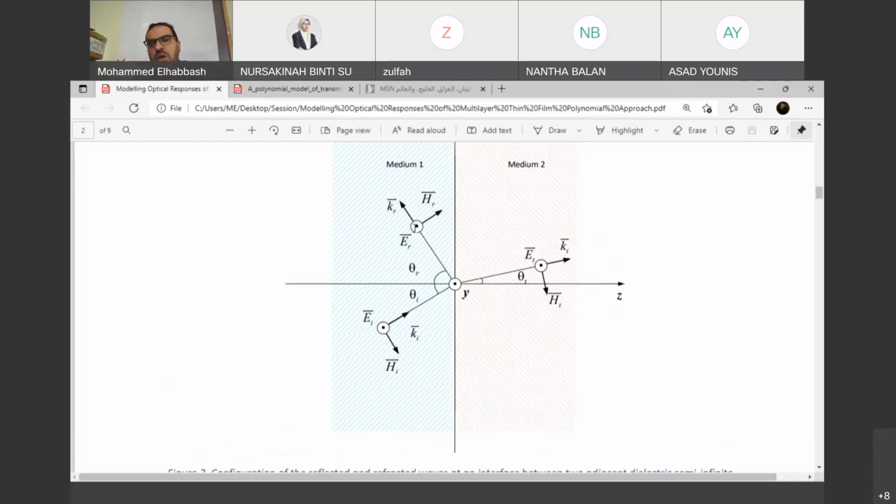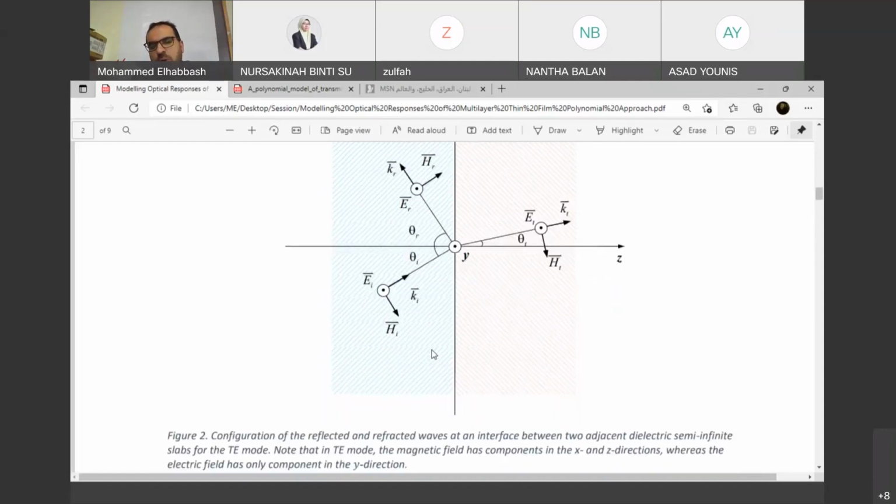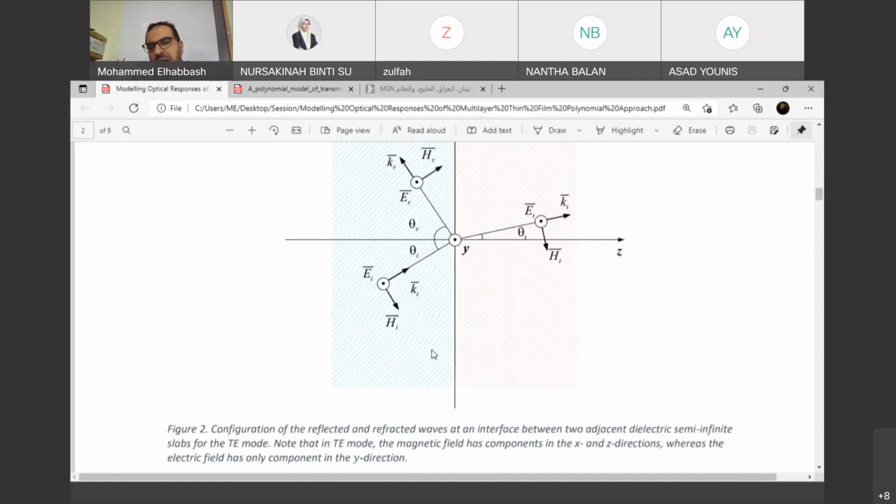So there is no additional component when the electric field is reflected or transmitted through medium number 2. This is how we say that this is a TE polarized or S polarized electromagnetic wave, okay? TE polarized or TE mode or S polarized, the same name.